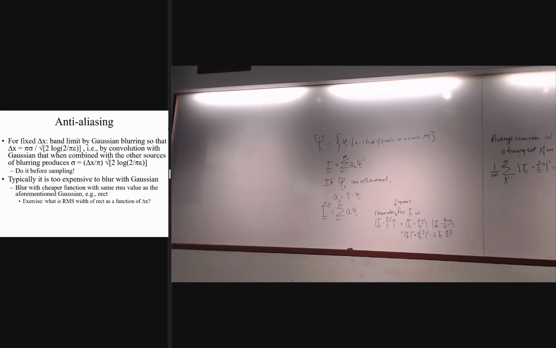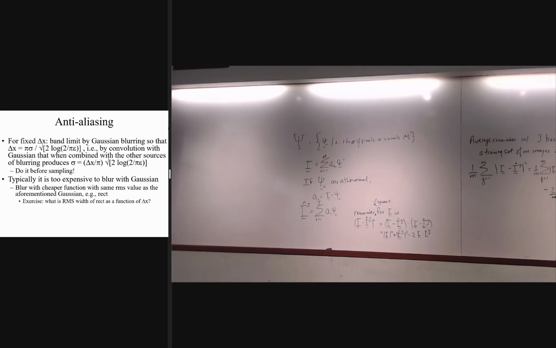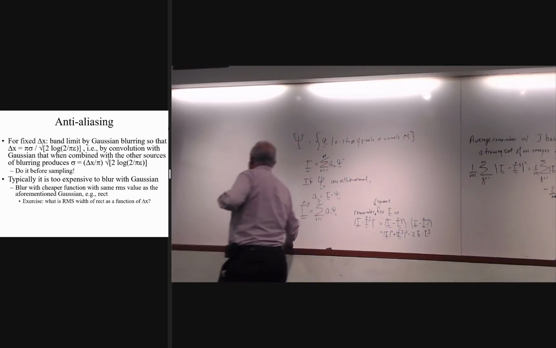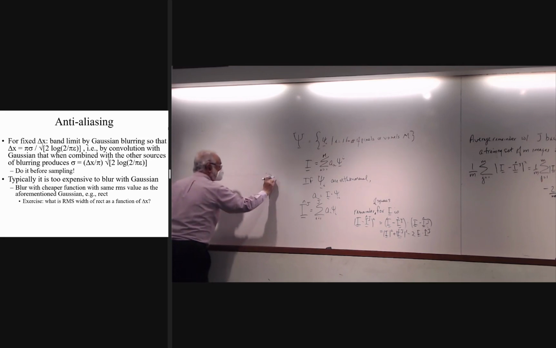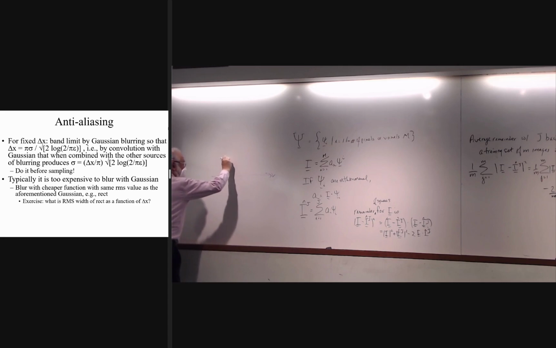Well, what you can do is take your original image and blur it. If you have a sampling interval such and such, the band is of width 1 over delta x, and you have image data that significantly lies outside that.